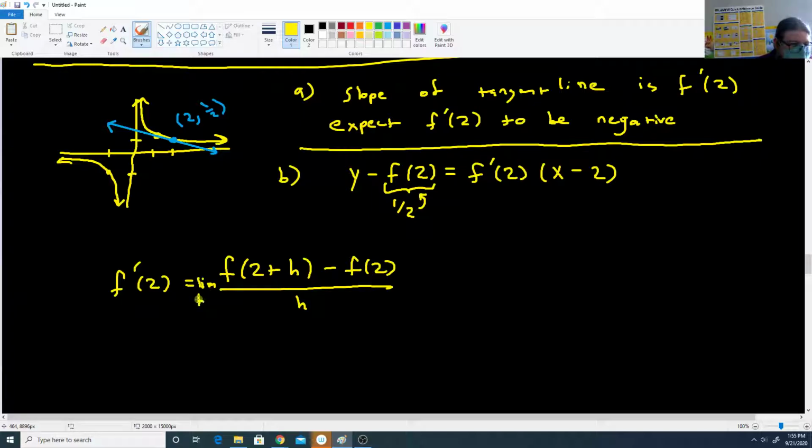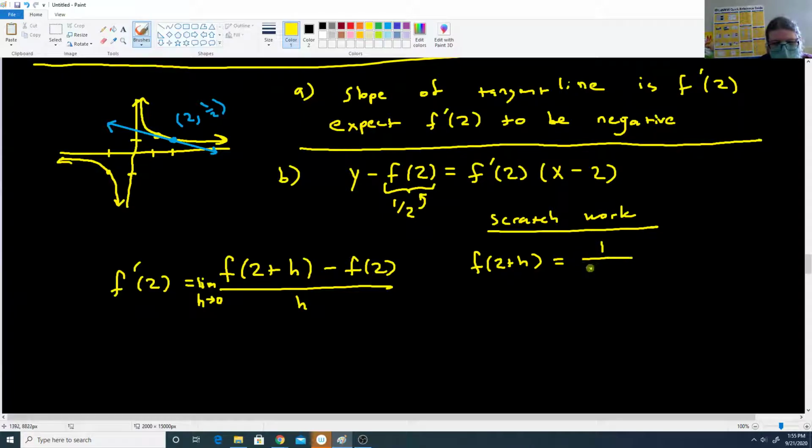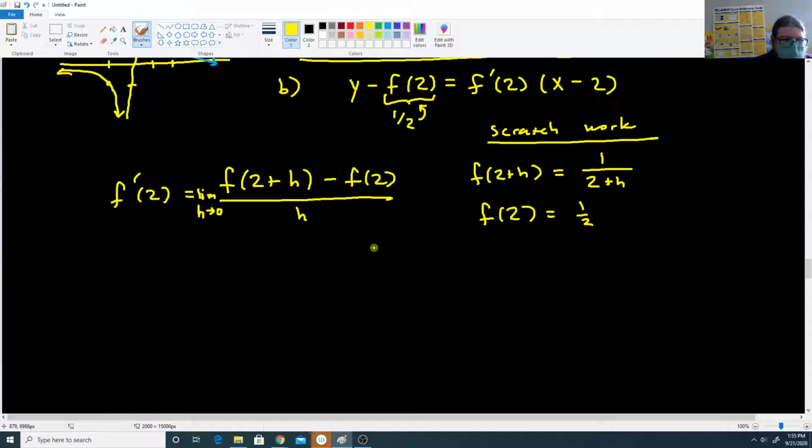All right, let's do some scratch work. Let's figure out what f of 2 plus h is. The function f of x is 1 over x, so this would just be 1 over 2 plus h. f of 2 would just be 1 over 2.